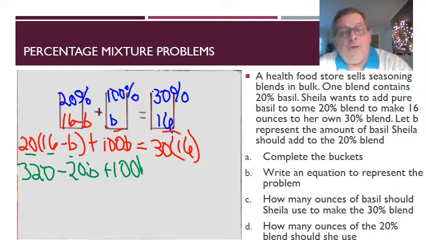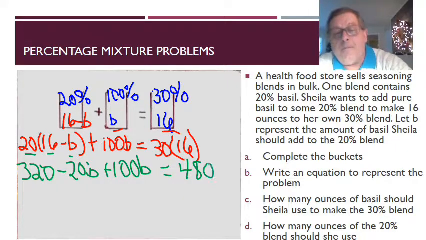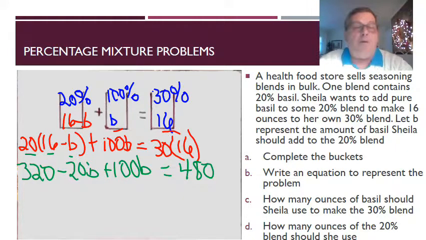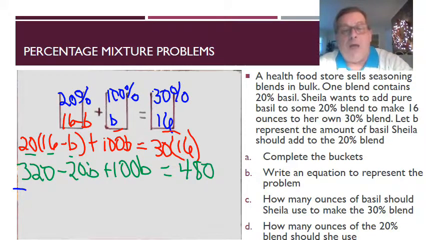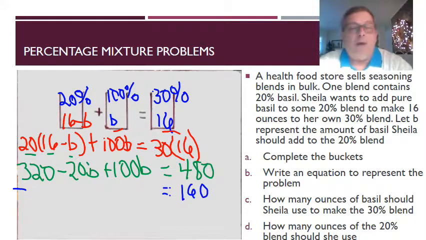Nothing's changed with 100B equals 30 times 16, which is 480. All right. Now I'm going to combine my like terms. Well, I'm going to subtract this 320 from both sides. And when I do, I'm going to get 160. 480 minus 320 is going to give me 160.